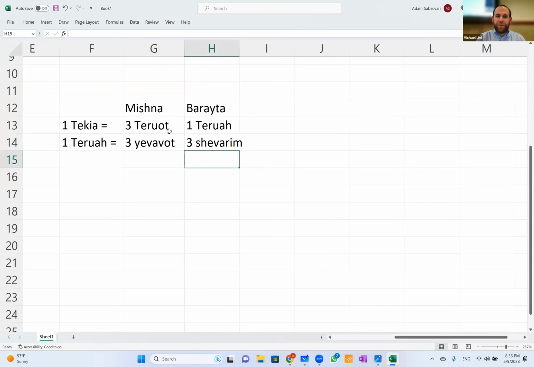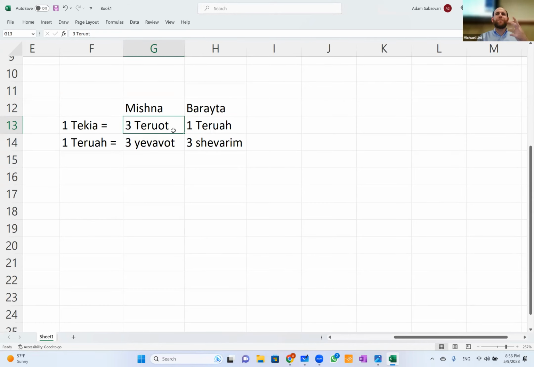So this first line, we forced in an answer to say, really they're saying the same thing. How? When the Mishnah said 1 Tekiah, it really means the first Tekiah of the set will equal what's in the middle of the set, for all 3 sets.